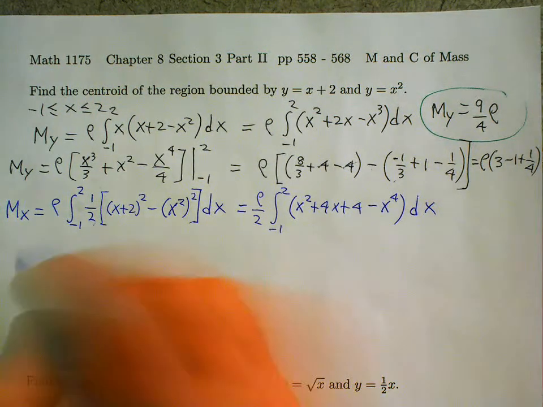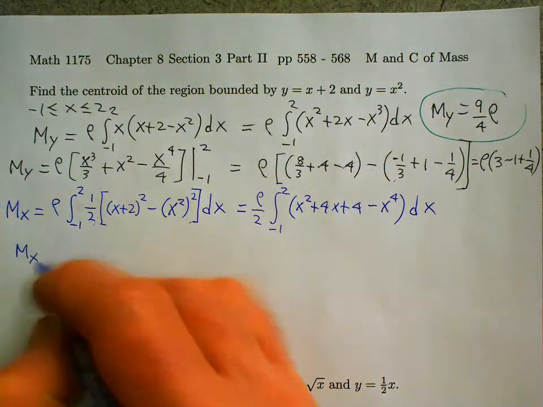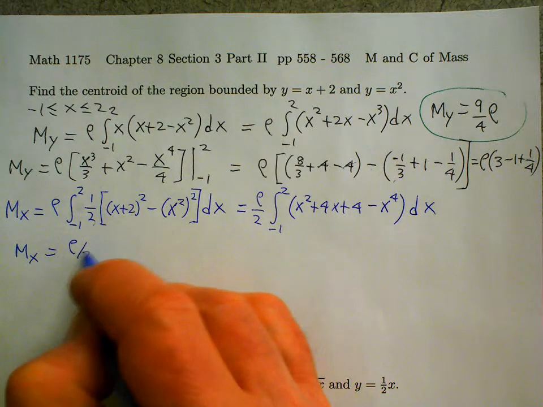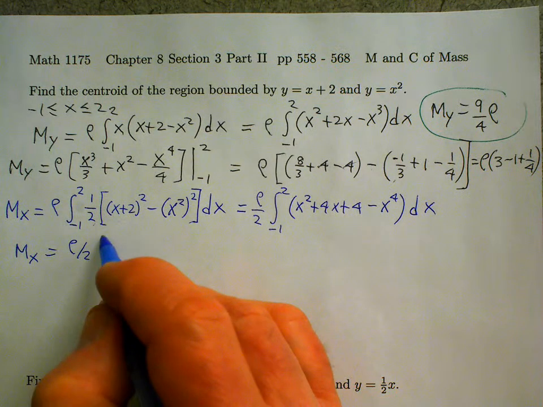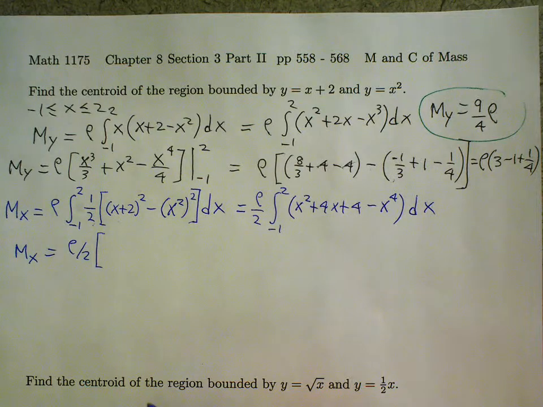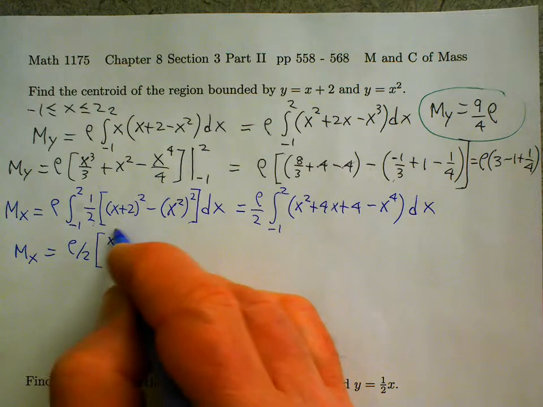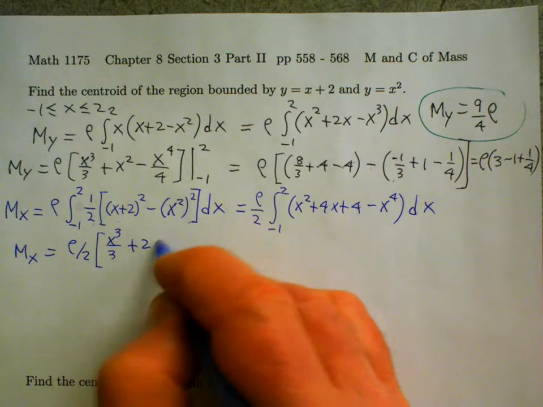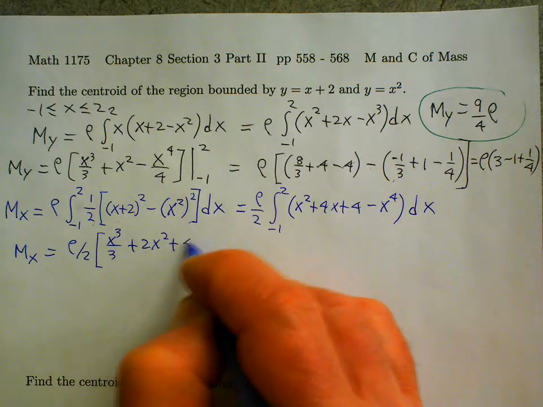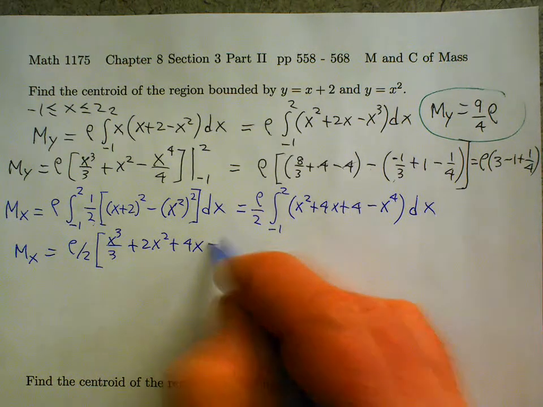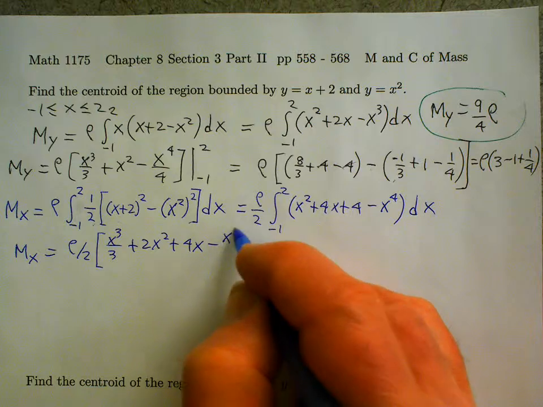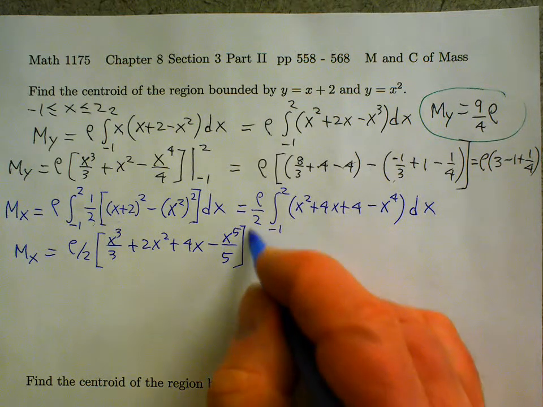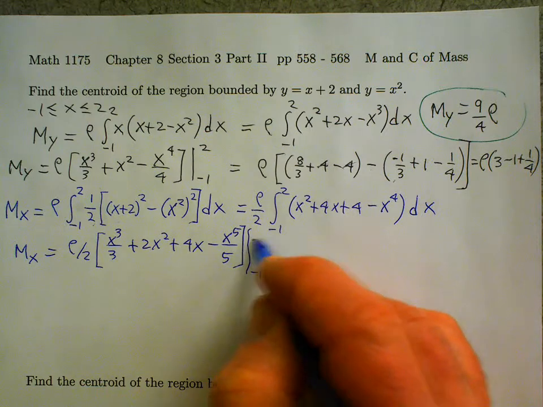And then we can evaluate the integral. So x to the third over 3 plus 2x squared plus 4x minus x to the fifth over 5, from -1 to 2.